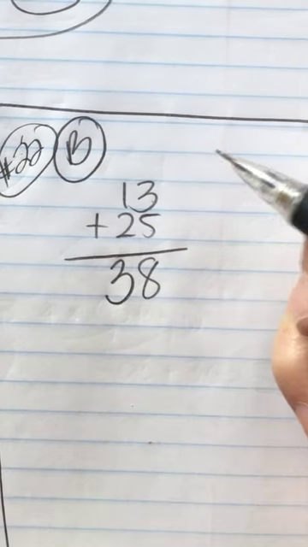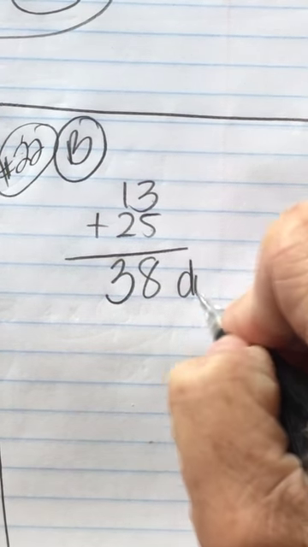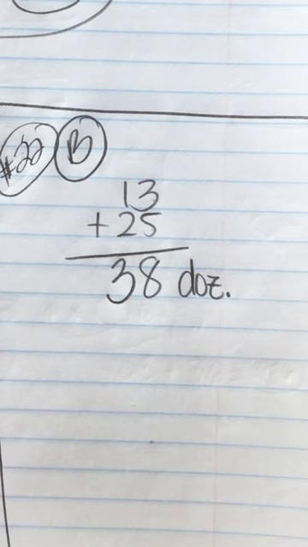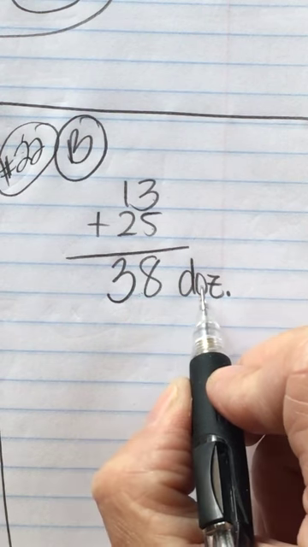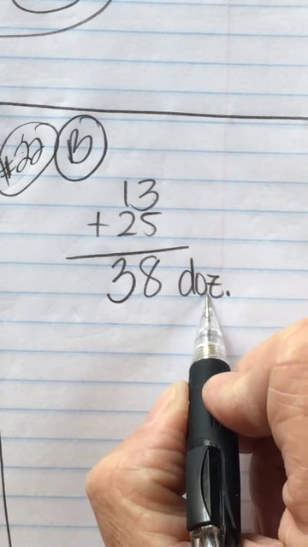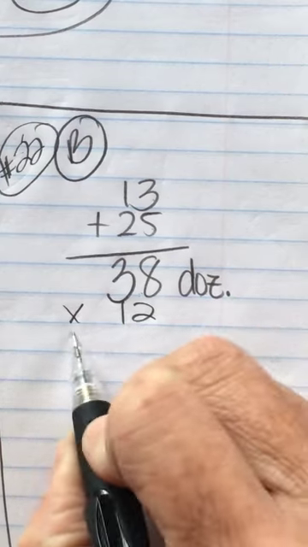So that's 38 dozen baked. Okay, now we need to find out how many that actually is. We know that 12 equals 1 dozen, so we have to multiply this by 12.